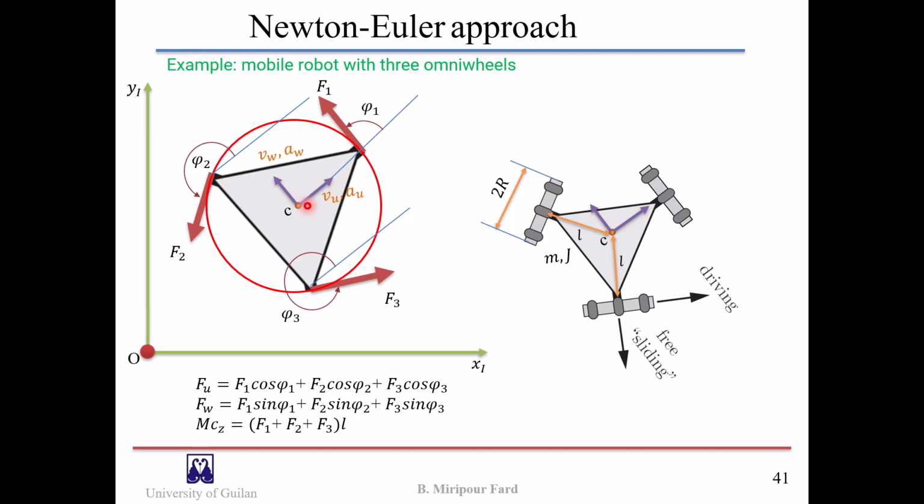Finally, you can see the equations, the resultant forces in the local frame as seen here. The torque of these forces around the vertical axis passing through the center of mass will also be like this equation: m_cz equals F1 plus F2 plus F3 times L. L is the distance between the center of the wheel and the center of mass of the chassis.